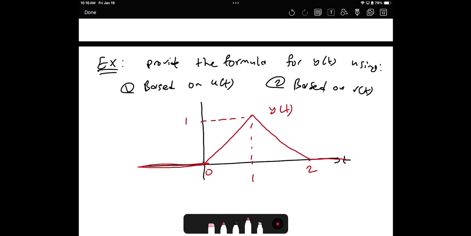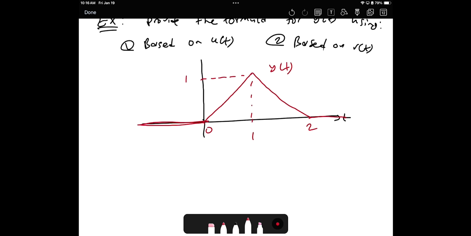How? You will see this graph has two segments, like this and this. Let me do it again. We have region 1, when it is 0.